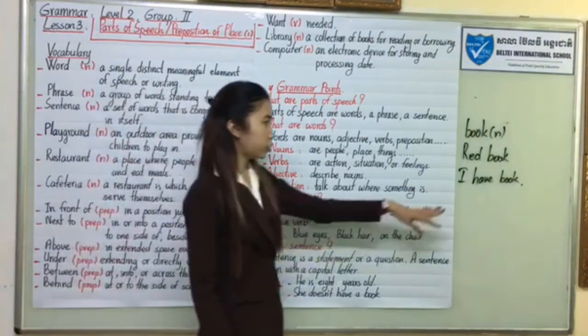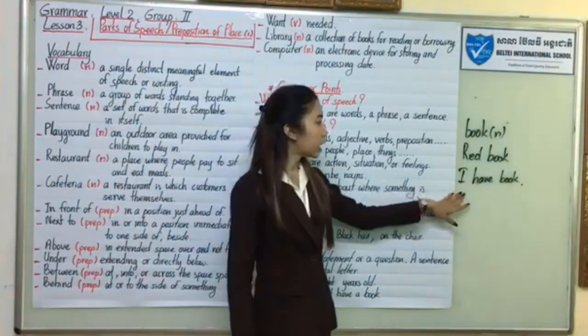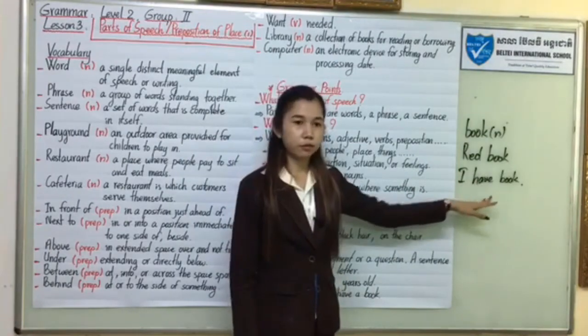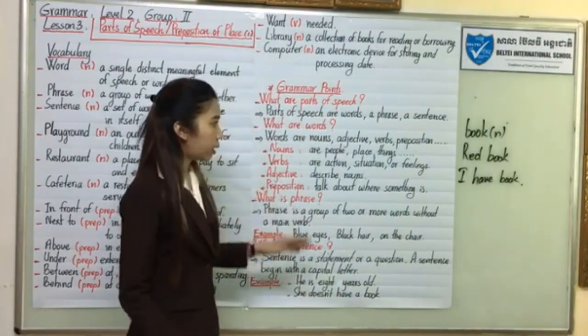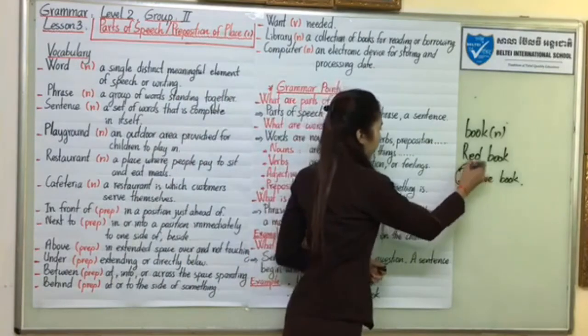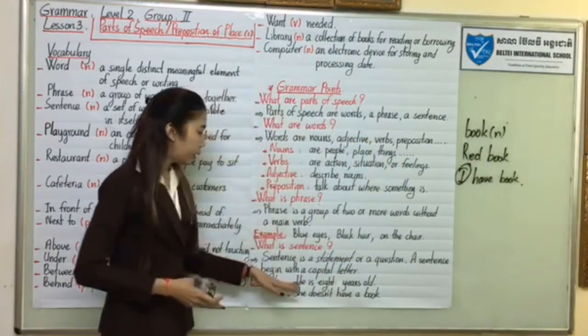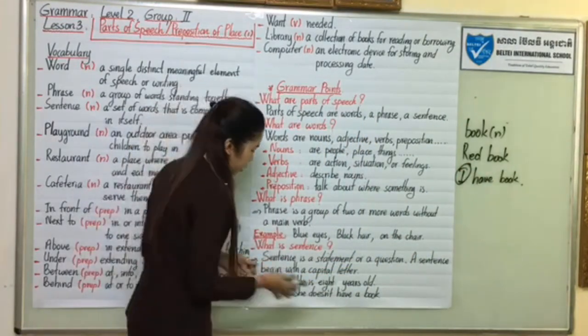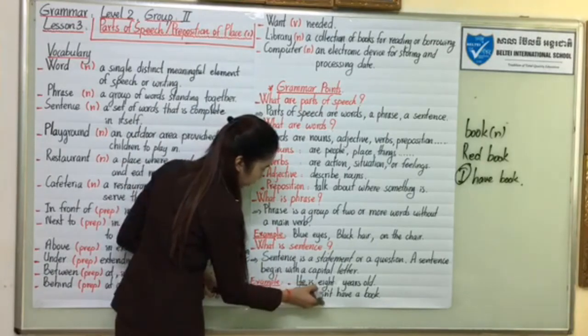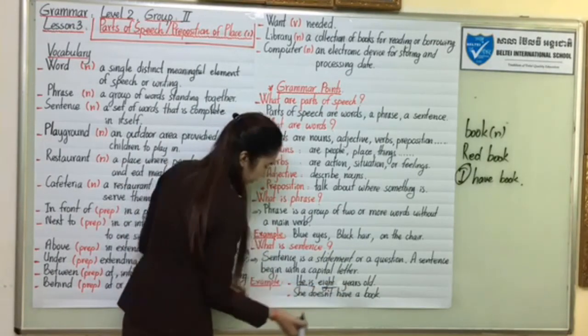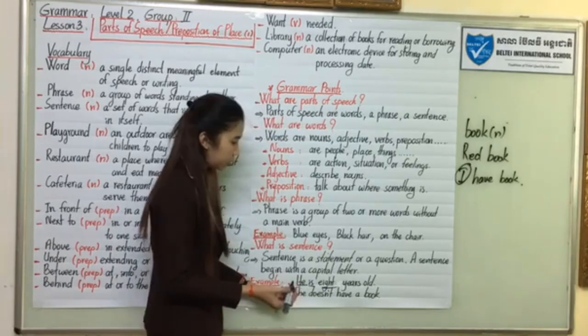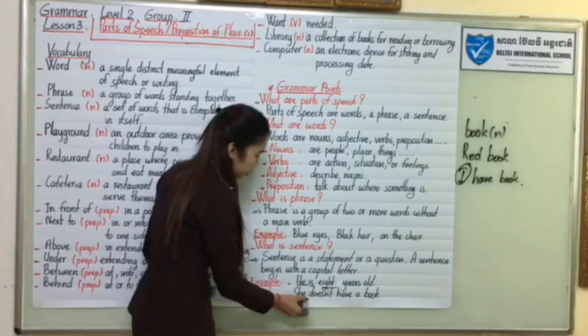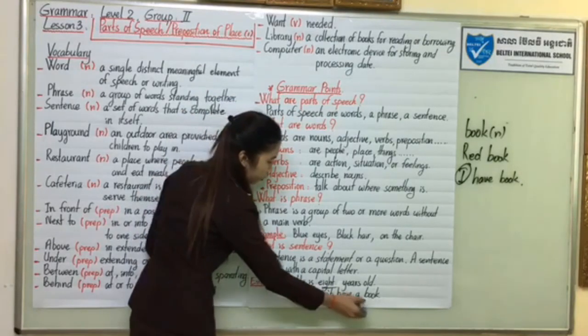The sentence can be affirmative, negative, or question. And remember that all sentences always begin with a capital letter. For example, he is 8 years old. It begins with a capital letter and has an object. And she doesn't have a verb, like subject plus does plus not plus have plus object.